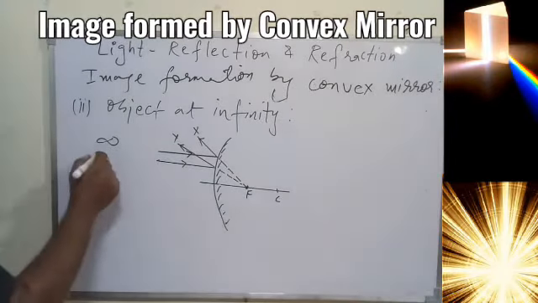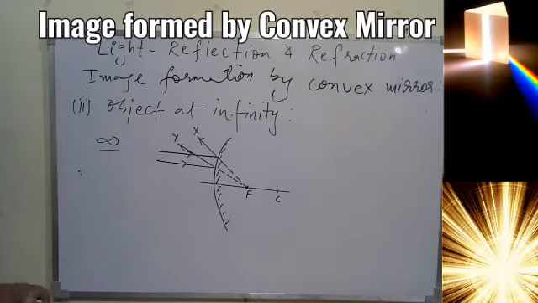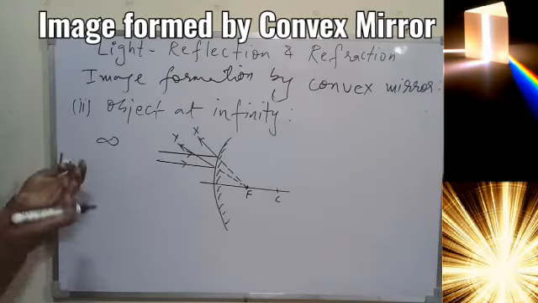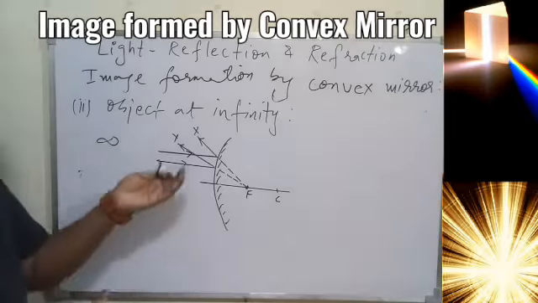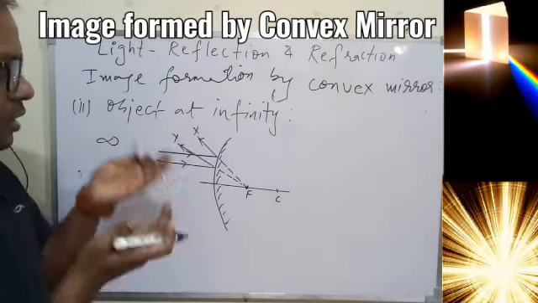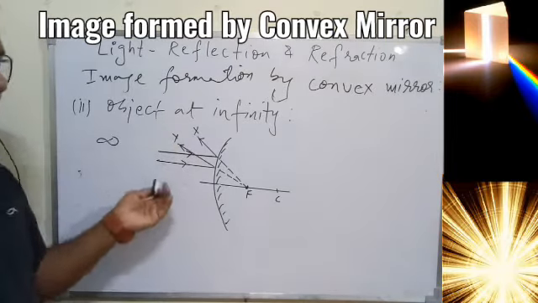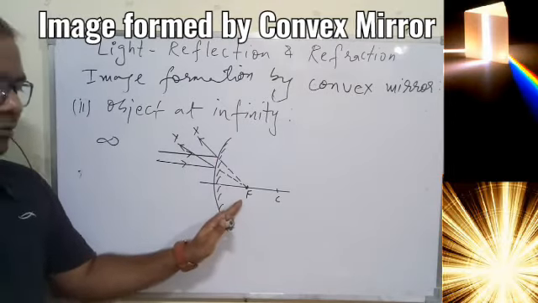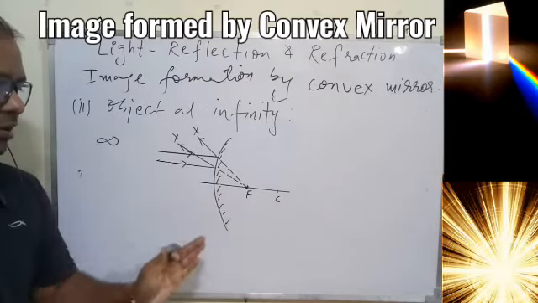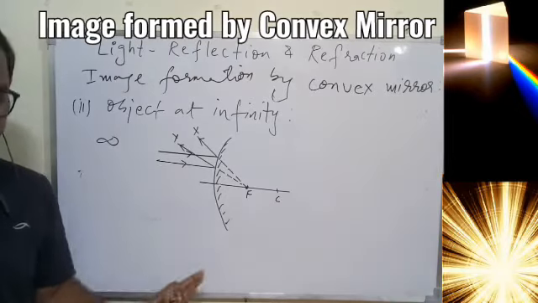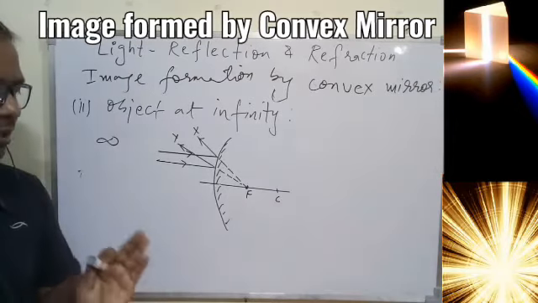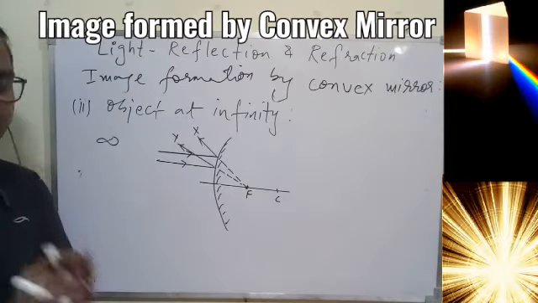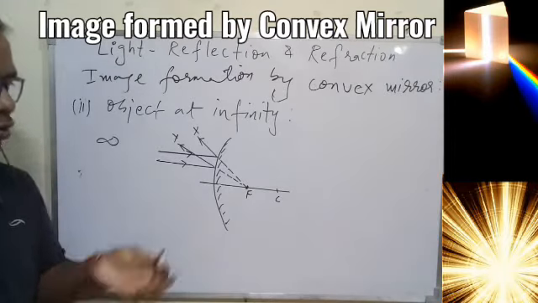So we can say if the object is placed at infinity, then again the rays will come parallel to the principal axis, and after reflection from the convex mirror the rays will diverge from each other, and these rays seem to diverge from the focus only. So the focus is the point where the image will be formed in this case also, but the image will be virtual, and even in this case it is point size, that is to be understood.